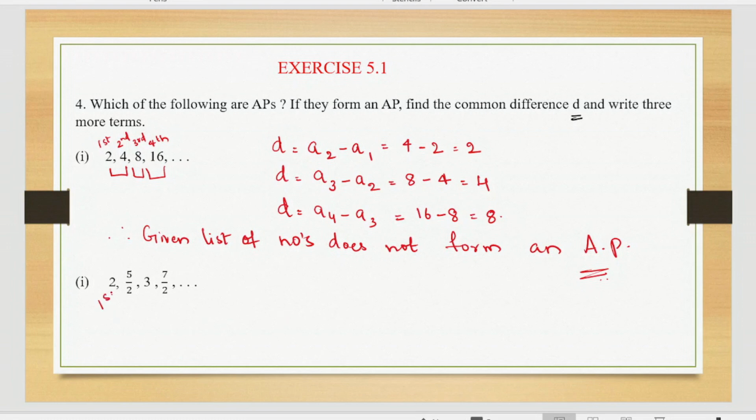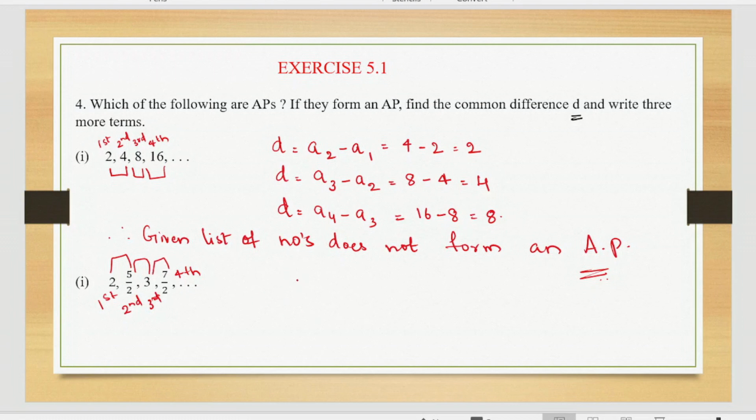This is the first term, this is the second term, this is the third term and this is the fourth term. First we need to see whether this list of numbers makes an AP. How do we see? We need to check the common differences of these terms, right?